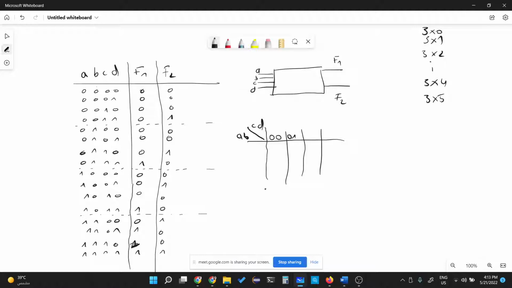Zero zero zero one one one one zero zero zero zero one one one one zero. The first error made by students is that they don't use the same order as the one that we have here.